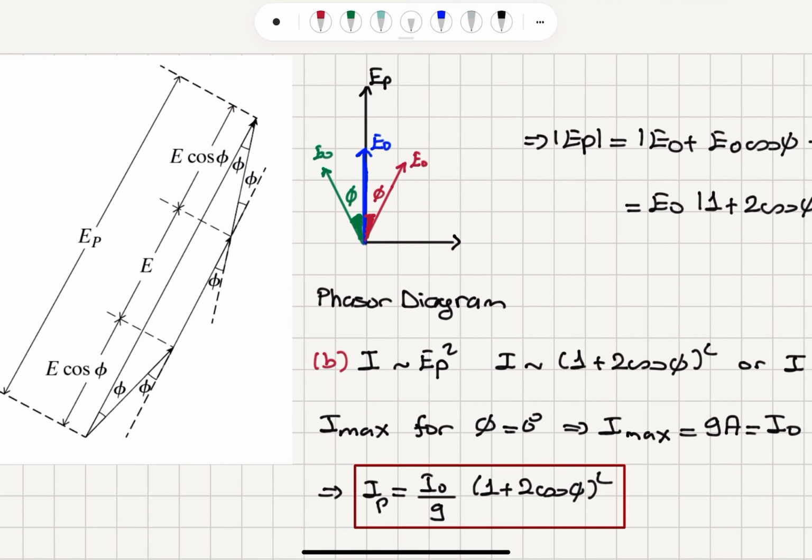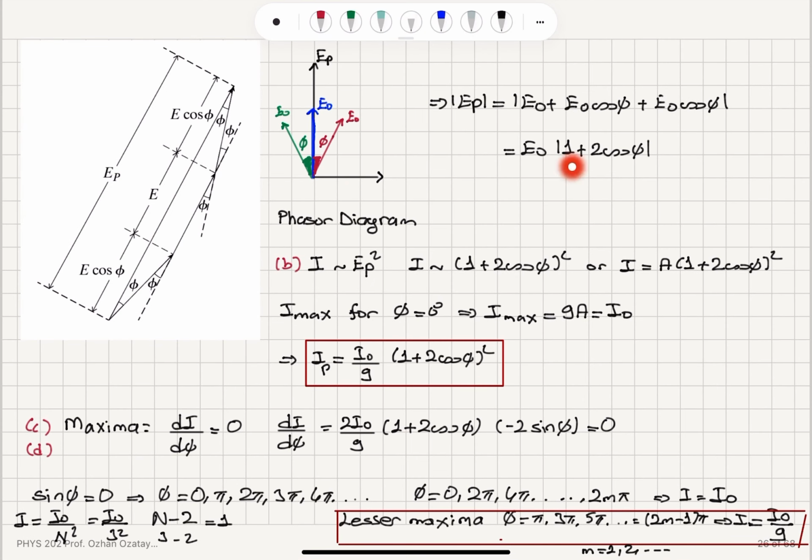Using phasor analysis, if we plot the electric field phasors here, they all have cosine omega t, but there's a phase difference. One is minus phi, one is plus phi. Their projections onto the electric field axis at point P give a magnitude of 1 plus 2 cosine phi times E0.